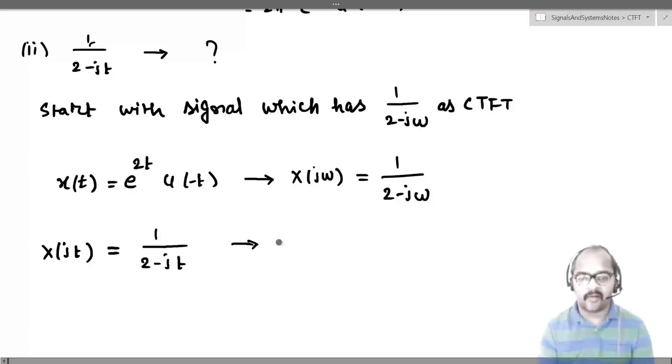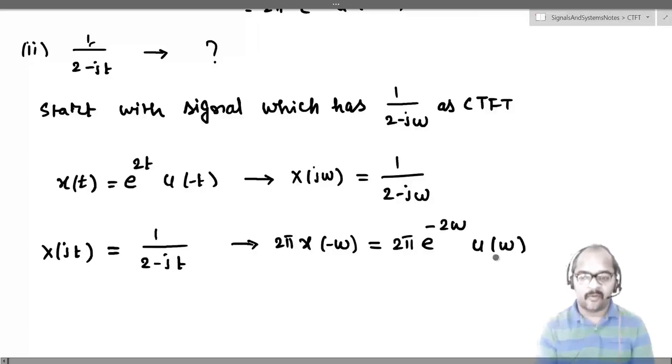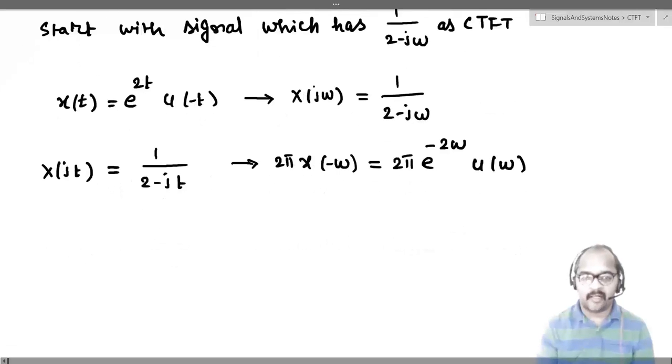So this fellow will have what as Fourier transform? 2 pi times small x of minus omega, means wherever there is t, replace with minus omega. You get how much? 2 pi times e power minus 2 omega u of omega. So our original signal 1 by 2 minus jt will have 2 pi times e power minus 2 omega u of omega as the Fourier transform.